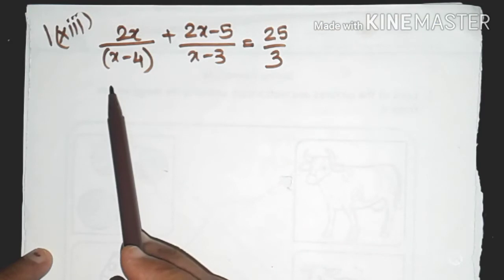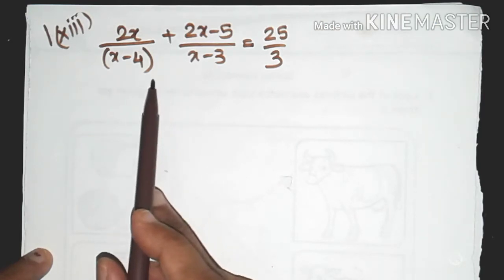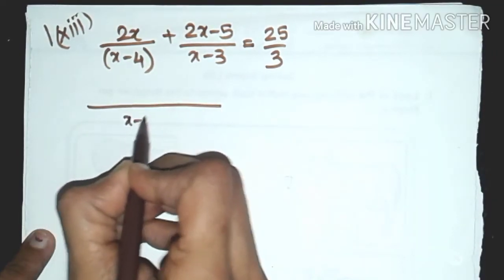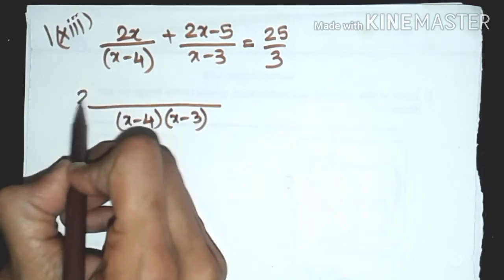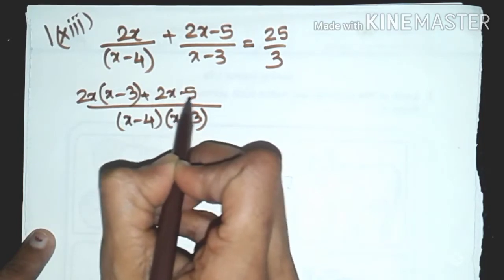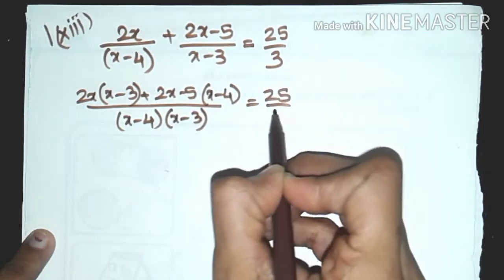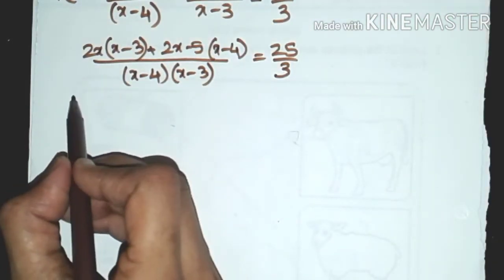This is the 13th question, friends. So let's start by bringing the equation to the standard form. What should we take? We should take the LCM on the left hand side first. So this is what we get. Okay. Now slowly, carefully open the brackets.